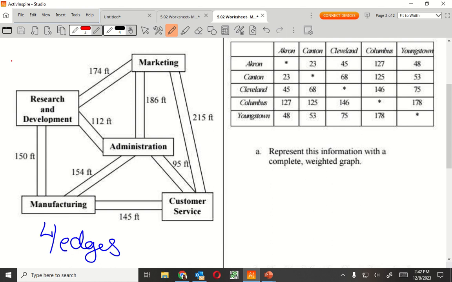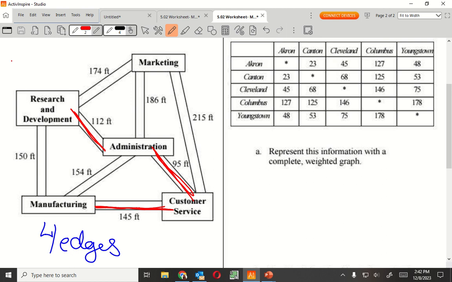All right, starting out, what's my smallest? 95? 112? Leroy says 112. I agree with Leroy. Then I would do 145. So there's 3. I have 3 already used. What's the next one? 174. Why not 150?